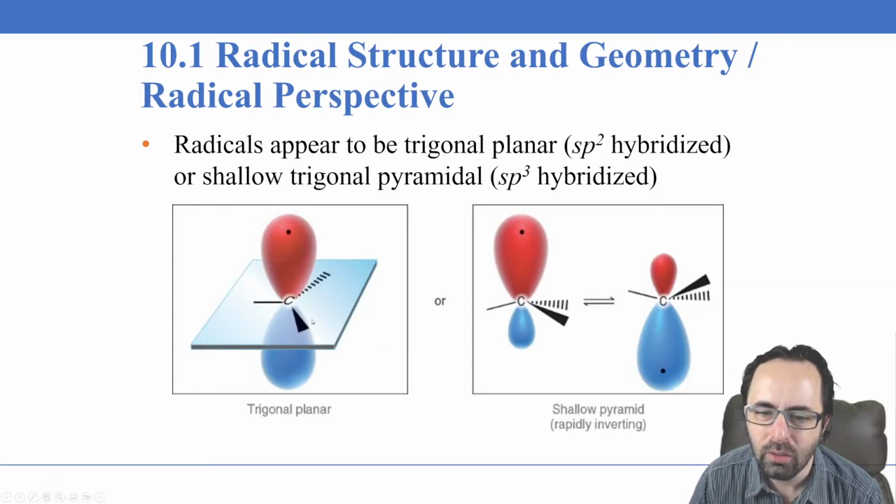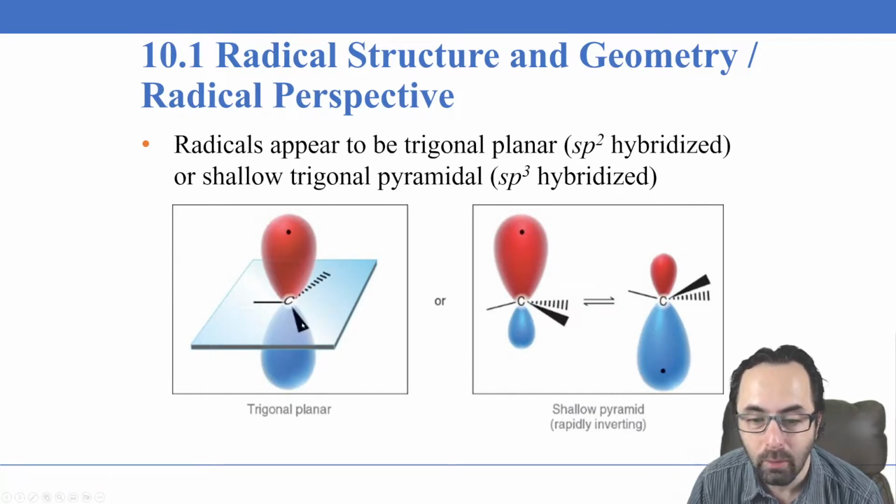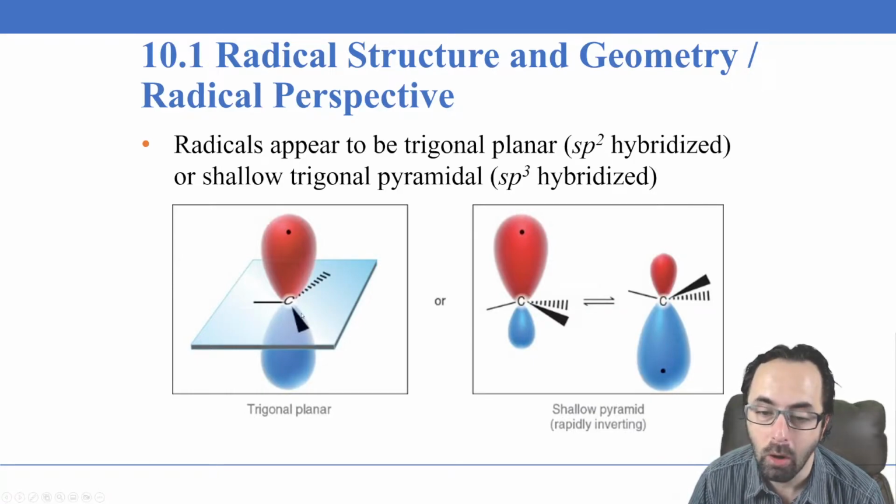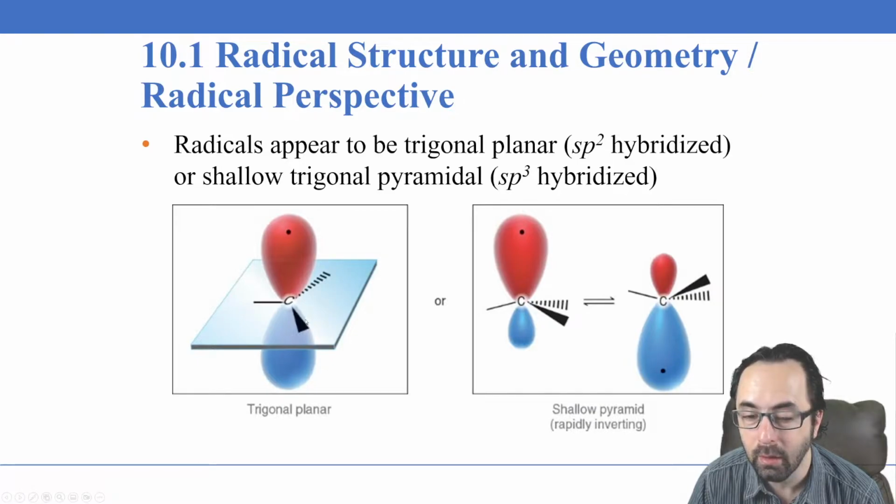Radicals are mostly trigonal planar, and they react the way a trigonal planar molecule would. This is because the electron is in the unhybridized p orbital here, rather than in an sp3 orbital as it would be for a carbanion, and the location of this electron will rapidly interconvert between one side of the carbon atom and the other.